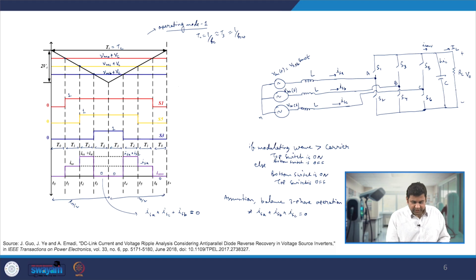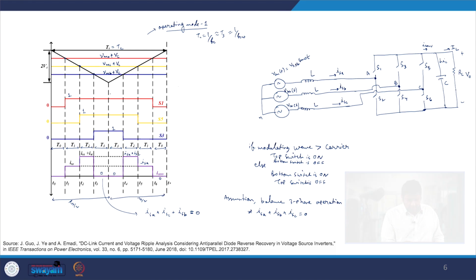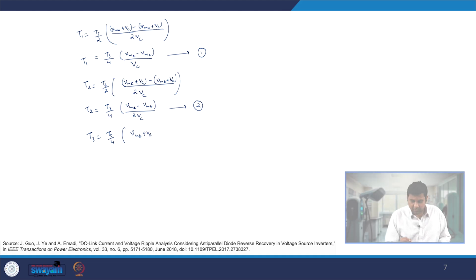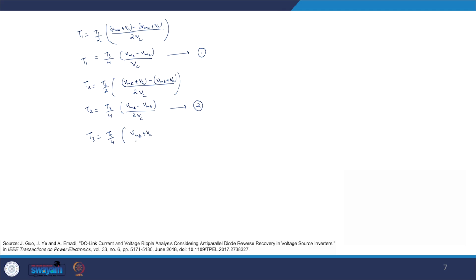And then T3 is nothing but the portion of the Ts by 2 whenever my value goes from Vmb plus Vc to 0. So we can say it is nothing but Ts by 4, Vmb plus Vc divided by 2 Vc.